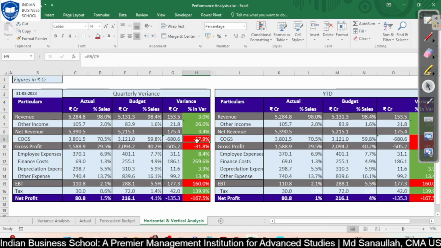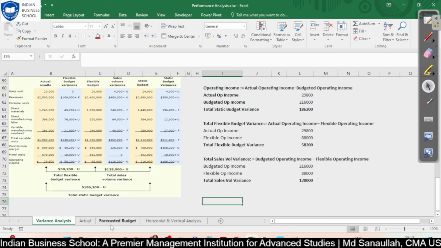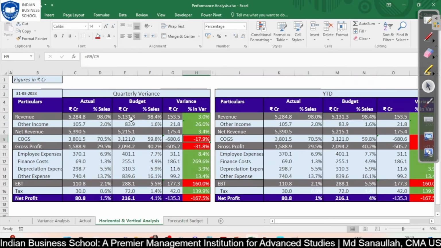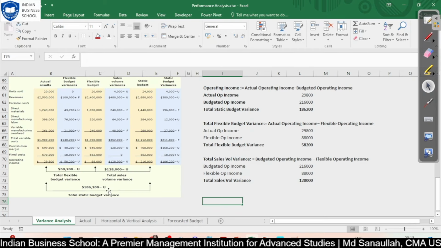So now we have understood financial statement as well as costing point of view variance analysis. Now we are going to understand how actually in a company we do this. Whatever you have performed here, the same thing will be executed here. This variance analysis is nothing but a horizontal analysis.